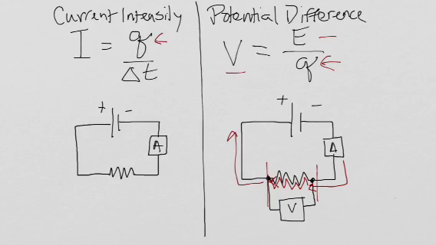The little memory aid we use is the concept of a circle of friends. If you're in the loop that is the circuit, the ammeter is part of the circle of friends. It's part of the loop.